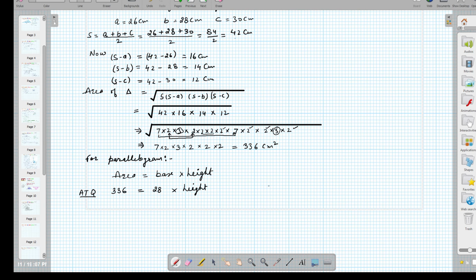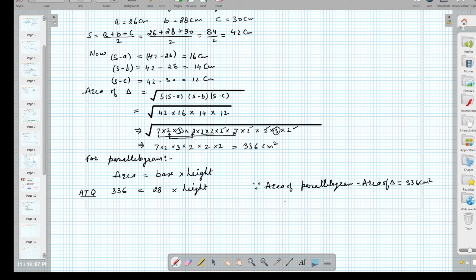Here we can also write that the area of the parallelogram is equal to the area of the triangle, which is equal to 336 centimeters squared.